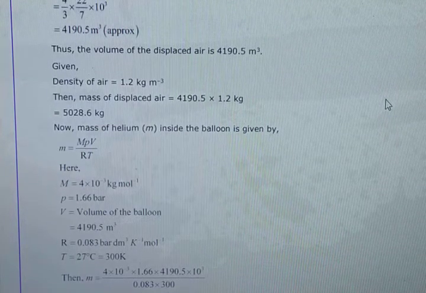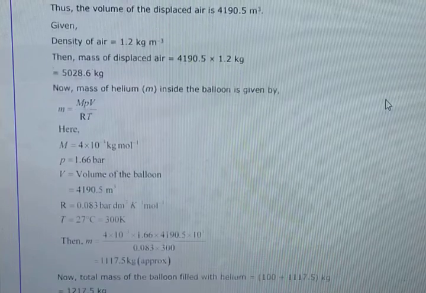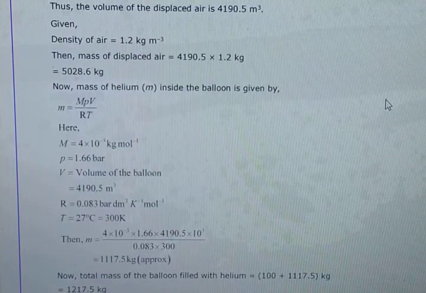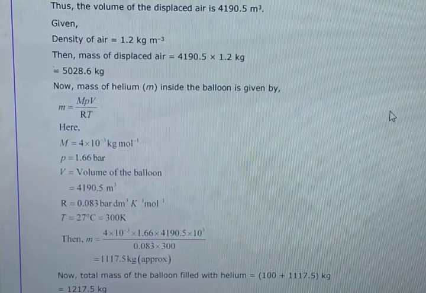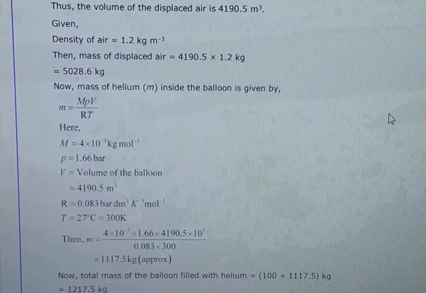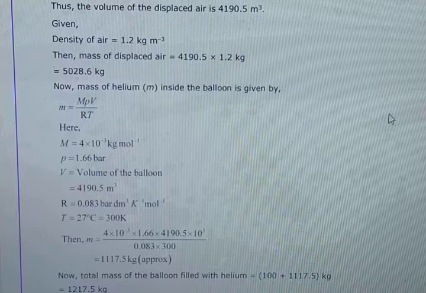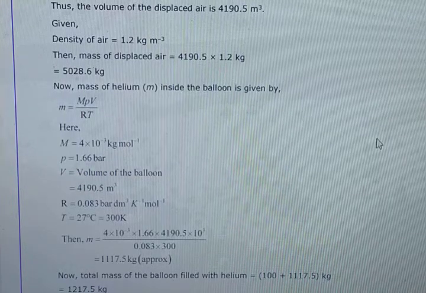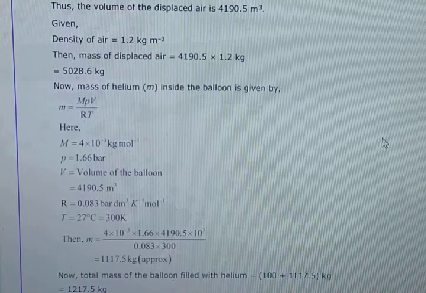Now m is equal to 4 into 10 to the power minus 3 into 1.66 into 4190.5 into 10 to the power 3 upon 0.083 into 300, that is 1117.5 kilogram approx.